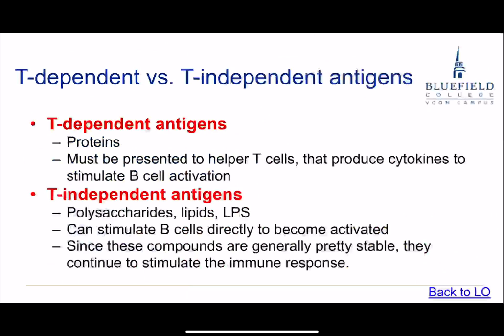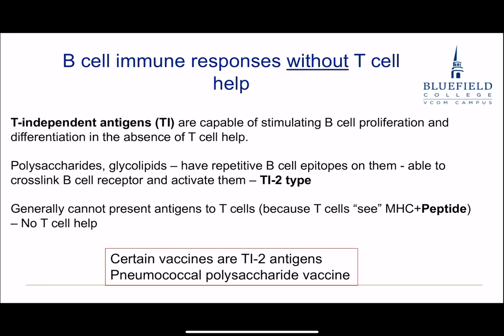Okay, so those are called T-independent antigens. Polysaccharides, glycolipids, endotoxin: B cells can recognize them independently without helper 2 cytokines, and they can go through the process even without the helper T cell help.